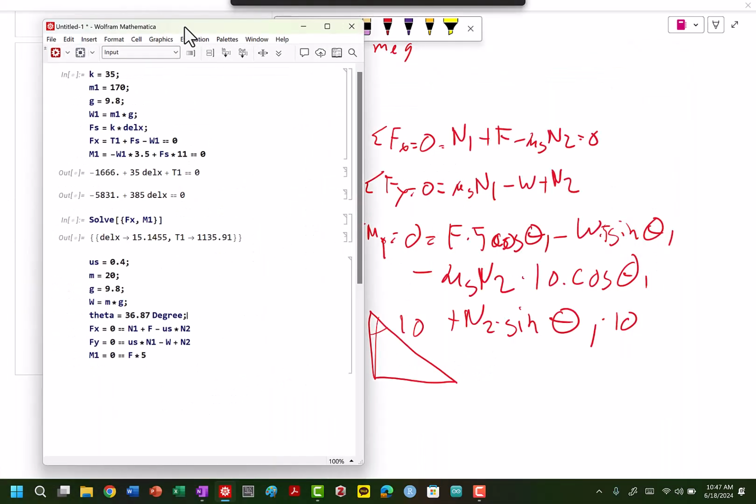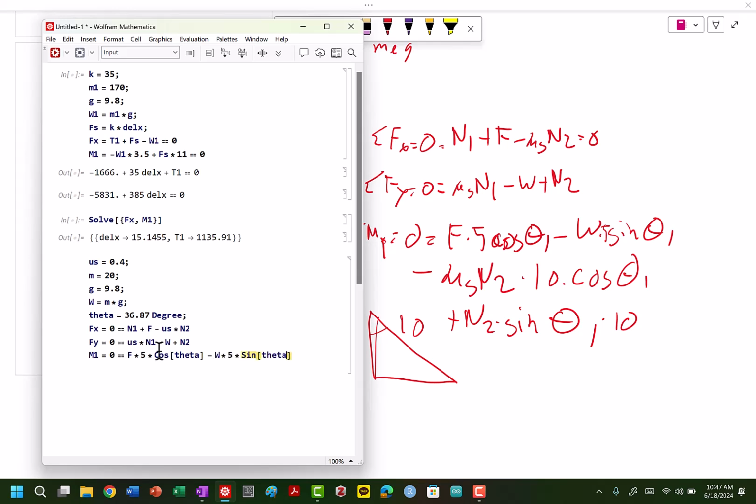And let's go ahead. 5 times cosine of theta minus w times 5 times sine of theta. And that doesn't change anything, but now I've got minus 10 times mu s times n2 times cosine of theta. And then finally plus n2 times sine theta times 10.